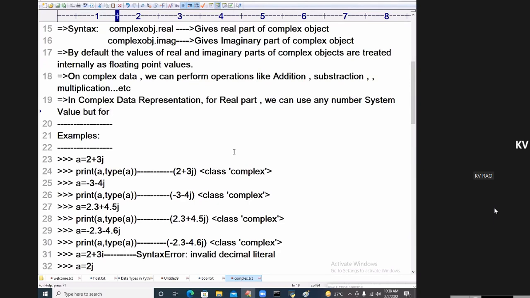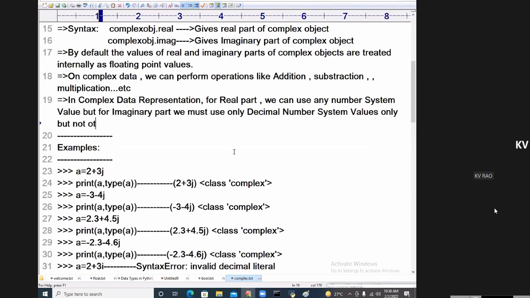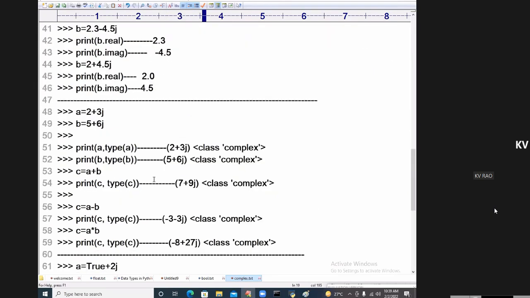But for the imaginary part, we must use only decimal number system values, but not other number system values. Not binary like this, because already you have seen that.